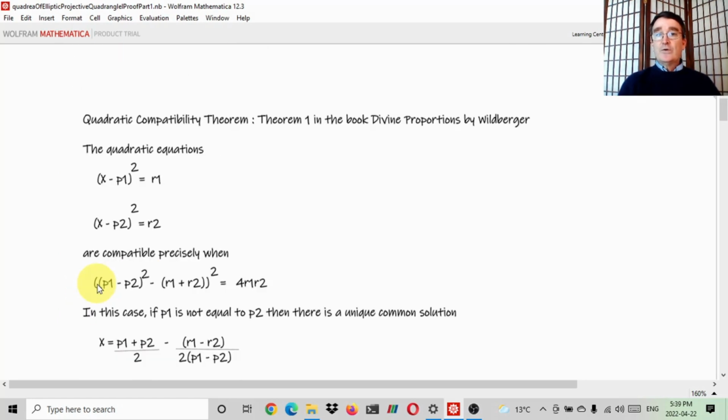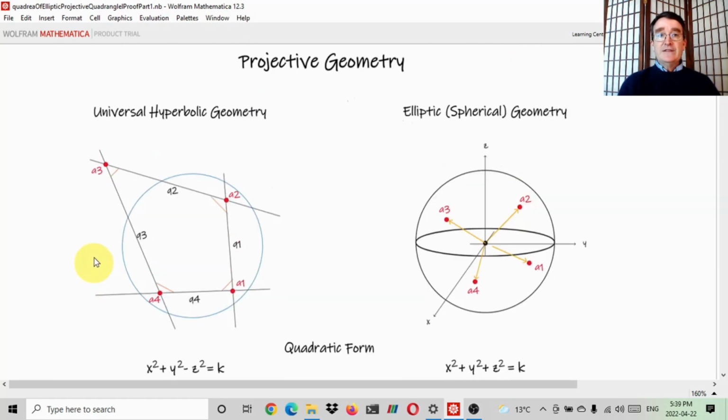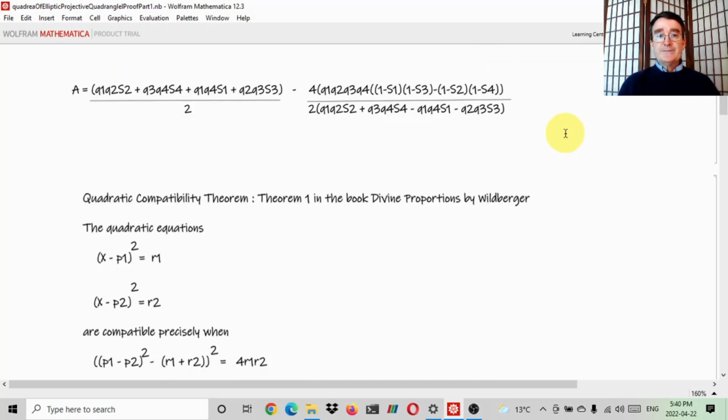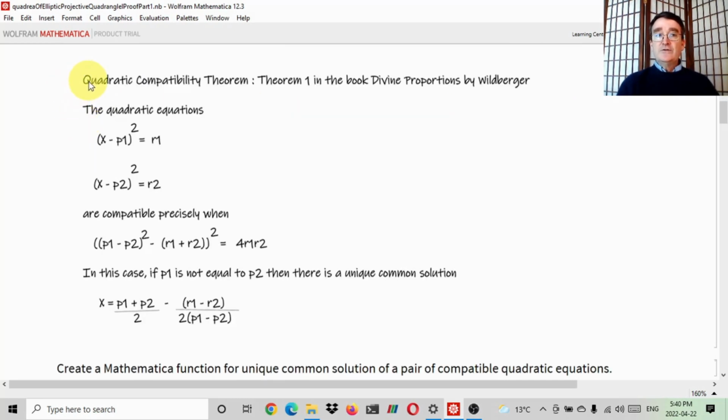Okay, so I'll follow the same line of reasoning that was done in the universal hyperbolic geometry case for the elliptic spherical geometry. So we start off by reminding you about the quadratic compatibility theorem, which is theorem 1 in the book Divine Proportions by Norman Wildberger.